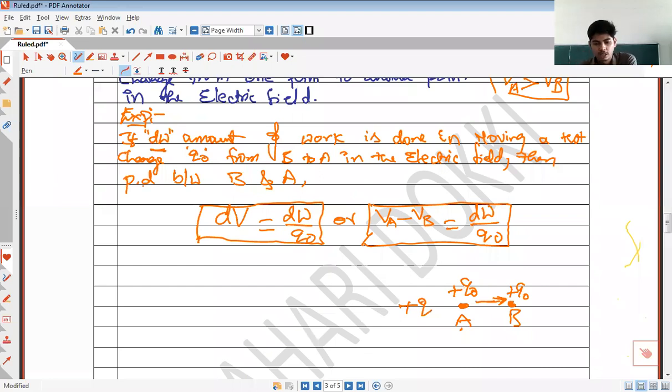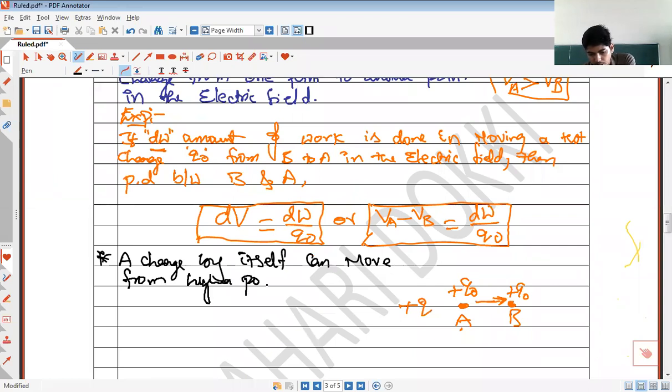Remember this. A charge by itself can move from higher potential to lower potential, isn't it?